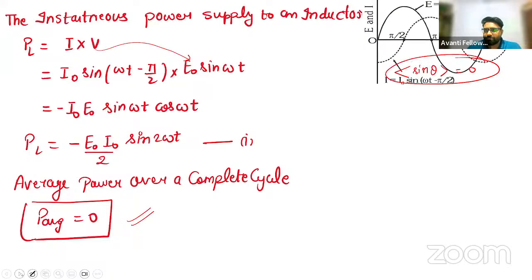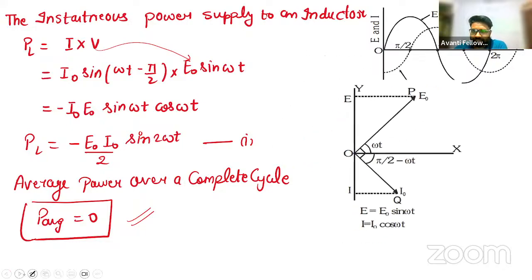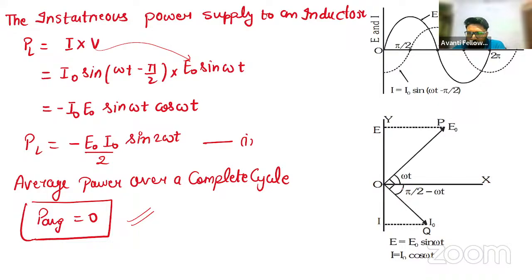Here you can also see this graph. Let me introduce the phasor diagram of it. Here we have E naught at omega t angle. What was the equation of E? E equals E naught sin omega t. This E naught is the maximum length of this particular vector, the voltage phasor.